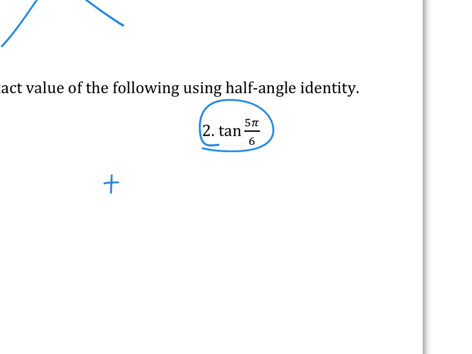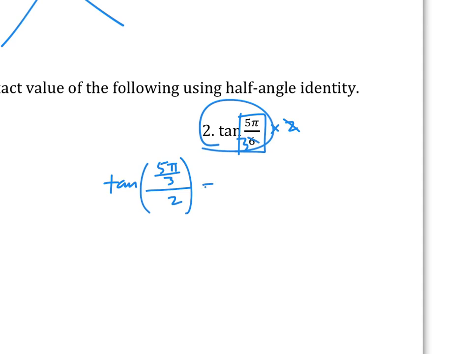Again, we're going to ask ourselves, what angle divided by 2 is going to give me 5 pi over 6? That is not easy to do. So the question you should ask yourself is, this angle times 2 is what? Kind of like going backwards. That's going to cancel out, so 5 pi over 3. So 5 pi over 3 divided by 2 is going to give me 5 pi over 6.